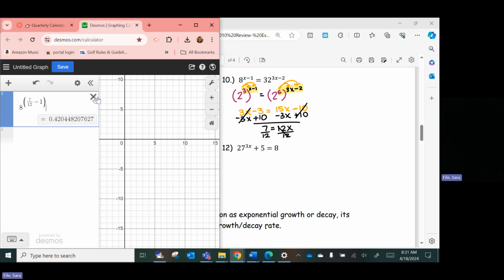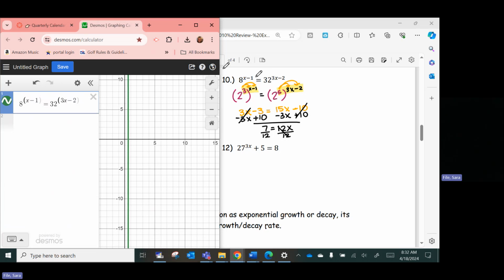The other way in Desmos that I showed y'all to check is graphically. And this will actually work even if it's not multiple choice. You can just type your equation in exactly as you see it. So this is 8 to the power x minus 1 equals 32 to the power 3x minus 2.